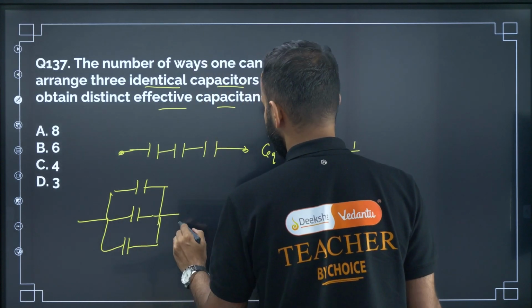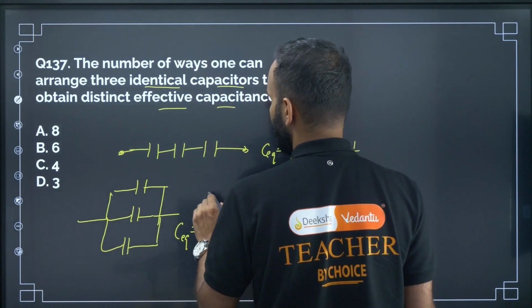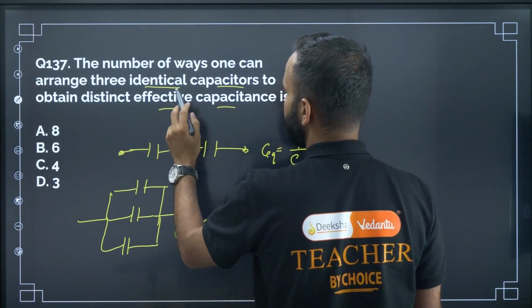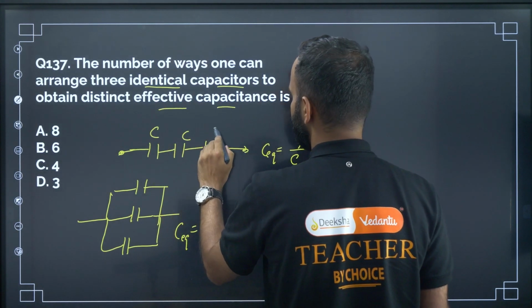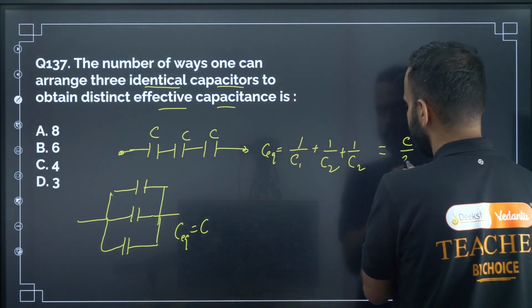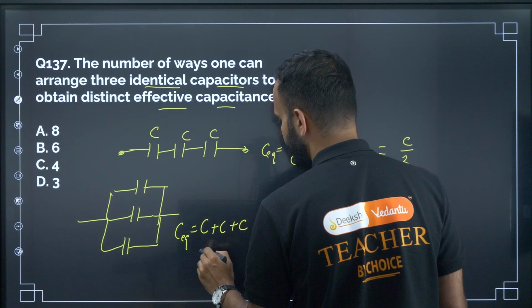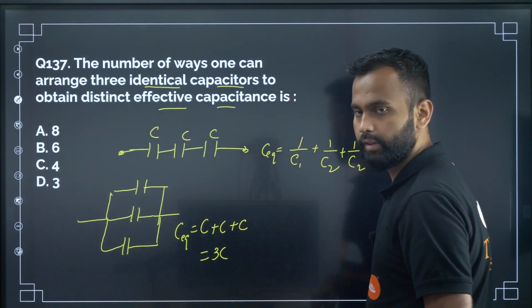right? Here C equivalent is, so C, right? So in series this will be C by 3, and in parallel this will be C plus C plus C, which is equal to 3C, right?